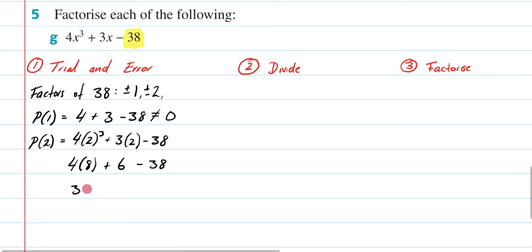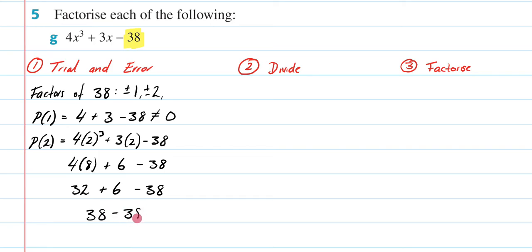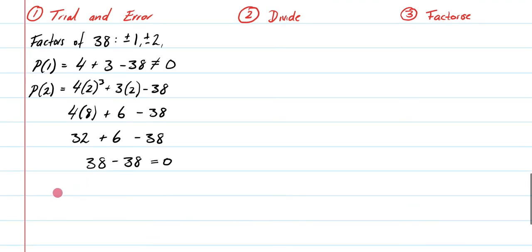Oh, that does not look good. 32 plus 6 minus 38. And look, 32 plus 6 is 38, minus 38, which is going to be equal to 0. So that means, therefore, x minus 2 is a factor of p of x.